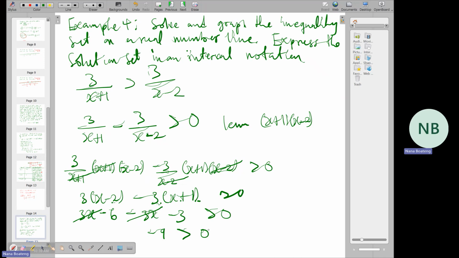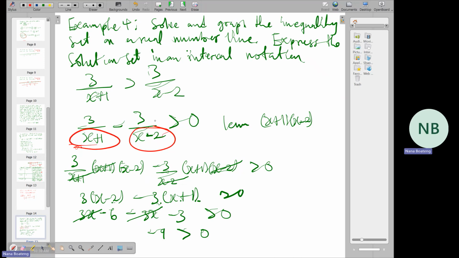So our test points will be the values at the denominator. So our test points in this example will be obtained by setting the denominator equal to 0.